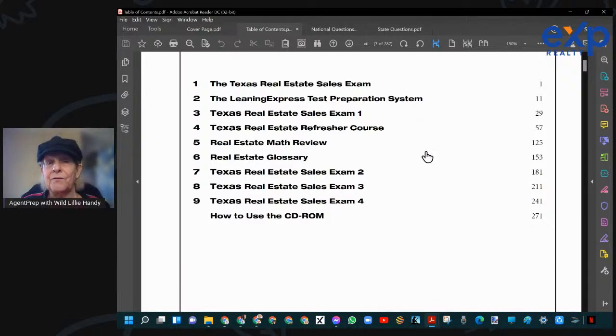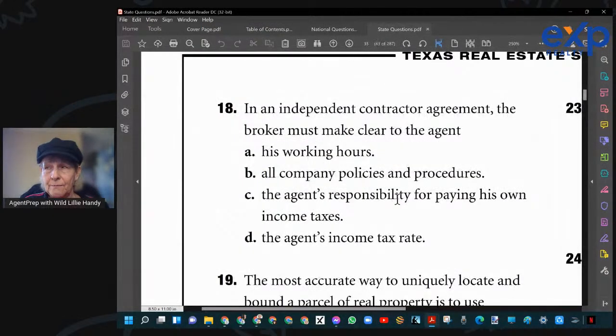There are a lot of real estate glossaries. You can go to AgentPrep, and also watch a lot of his vocabulary videos. I have a lot of vocabulary and glossary videos on the YouTube channel and also on Facebook. So please, it'll help you answer a lot of the questions.